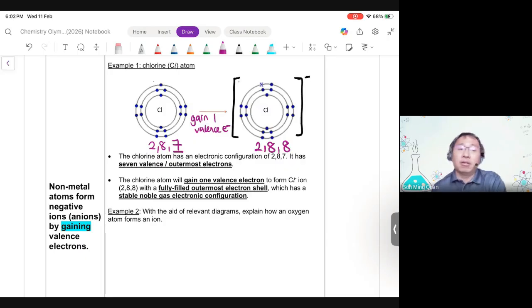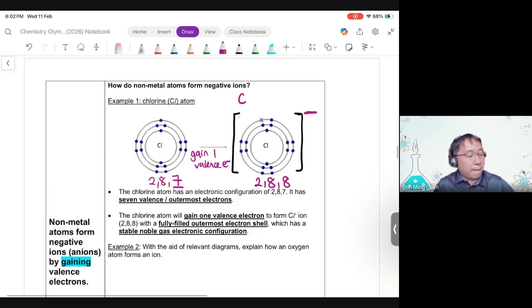So, of course, this allows us to conclude non-metals like chlorine will gain valence electrons. And because they gain these negative electrons, they become negatively charged. That's why chlorine forms Cl-. You gain one electron, negatively charged.